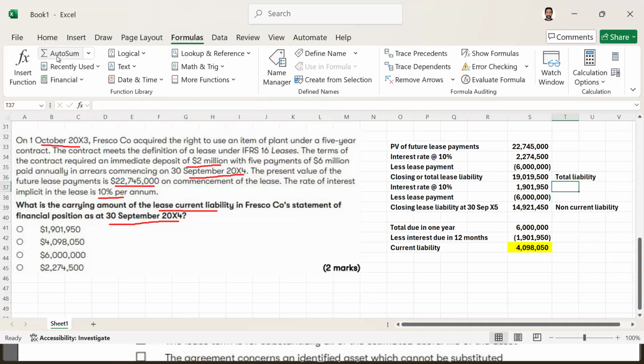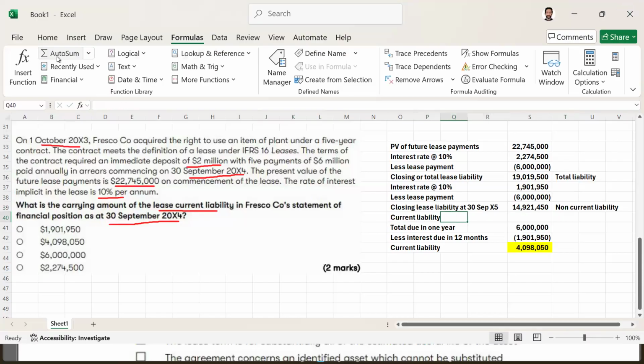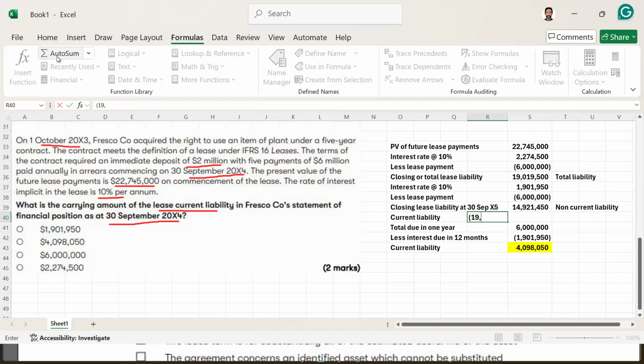So the difference between the total liability and the non-current liability is the current liability. So we can calculate the current liability as the difference of these two. We take this value, which is 19,019,500. We deduct the value of 14,921,450.